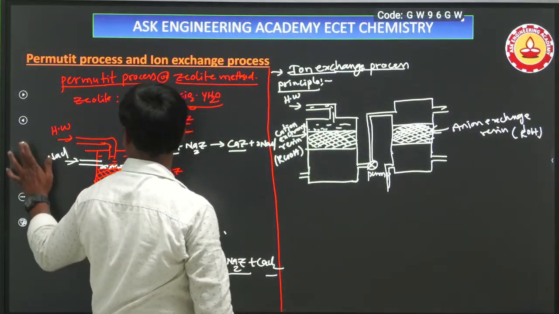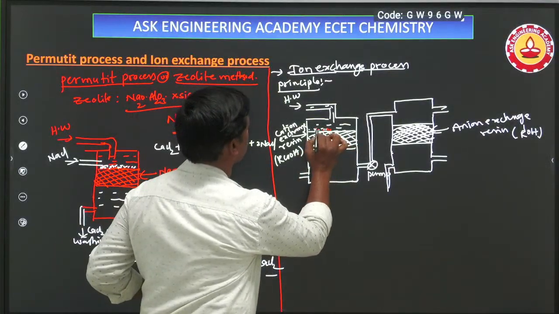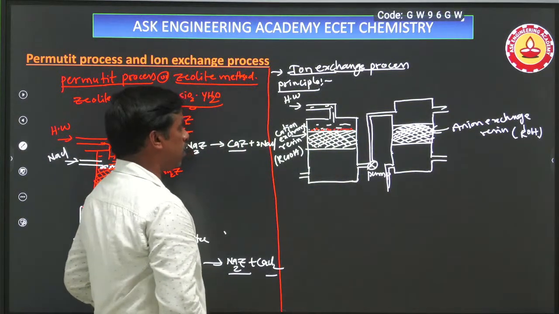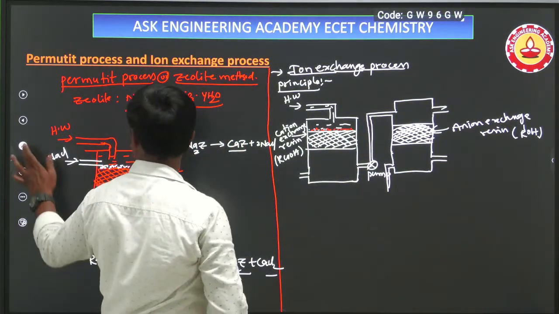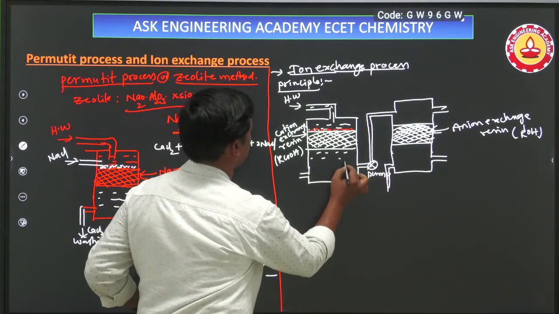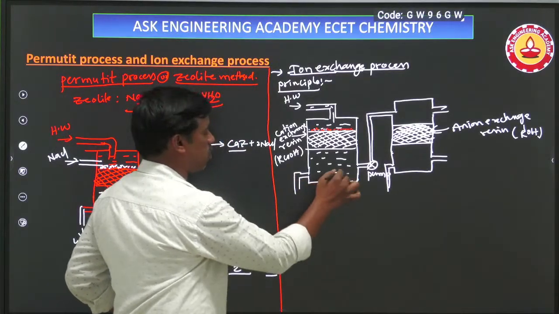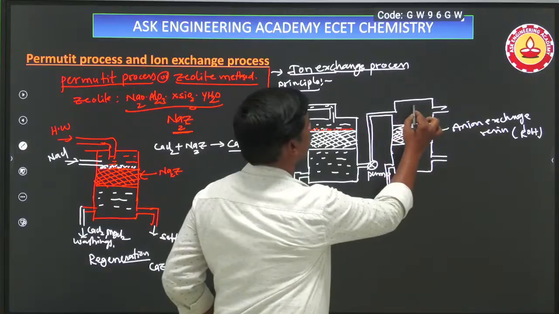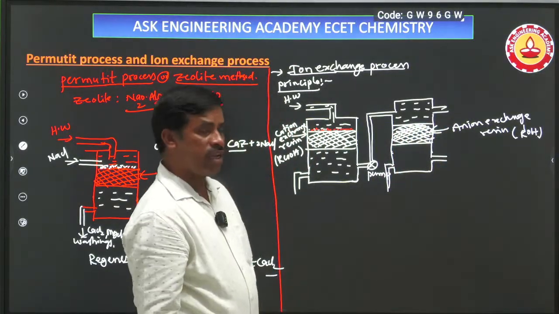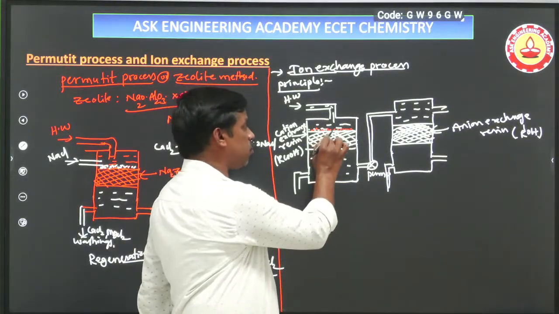Here I am showing them in red. The remaining water is getting down, and with the help of a pump, this water enters the second tank. This second tank contains anionic exchanging resin, which can exchange only anions. All cations are stopping here.